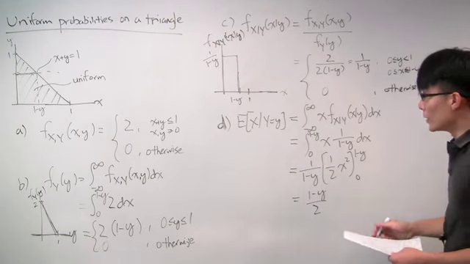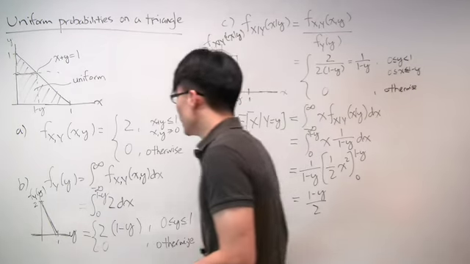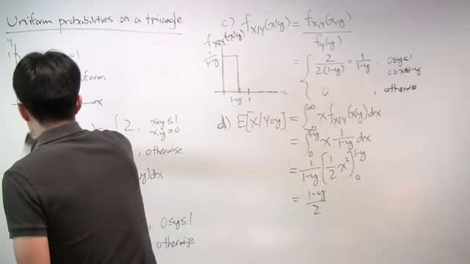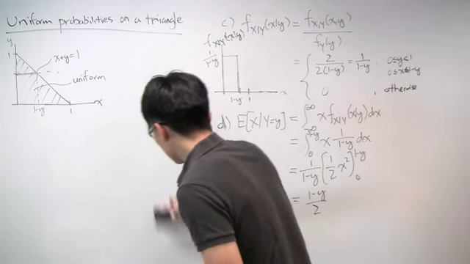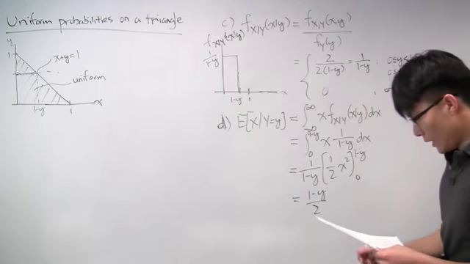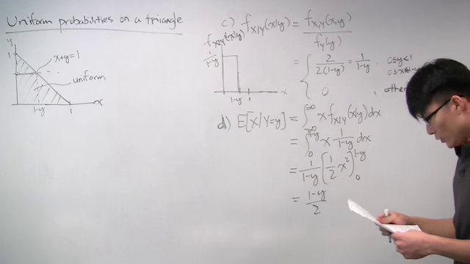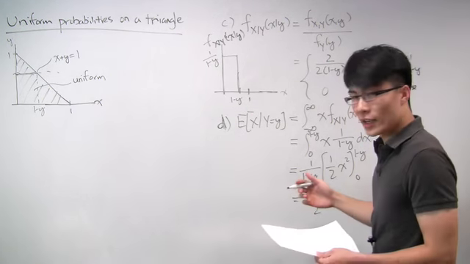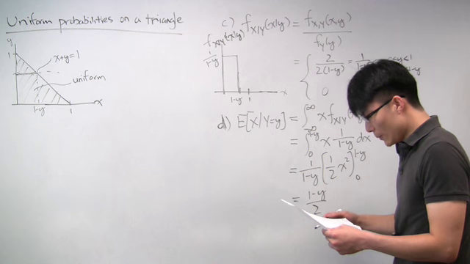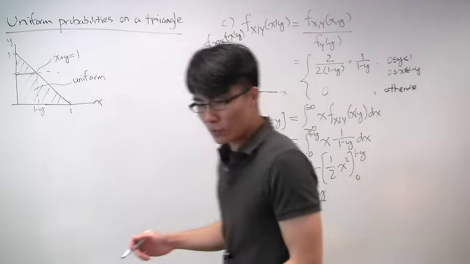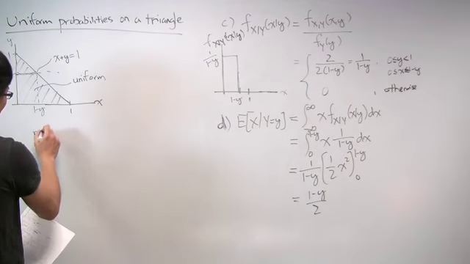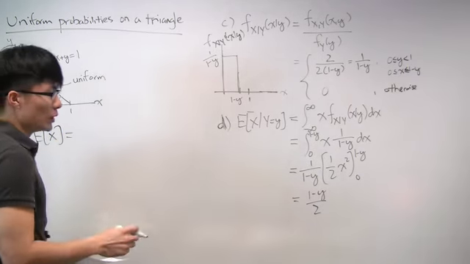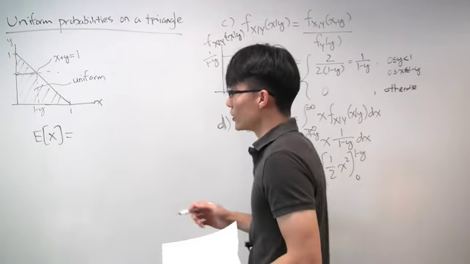All right. Now, the second part of part D asks us to do a little bit more. We have to use the total expectation theorem in order to somehow write the expectation of x in terms of the expectation of y. So the first thing we'll do is use the total expectation theorem.